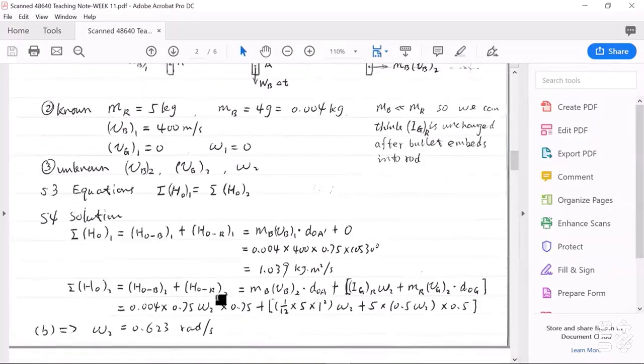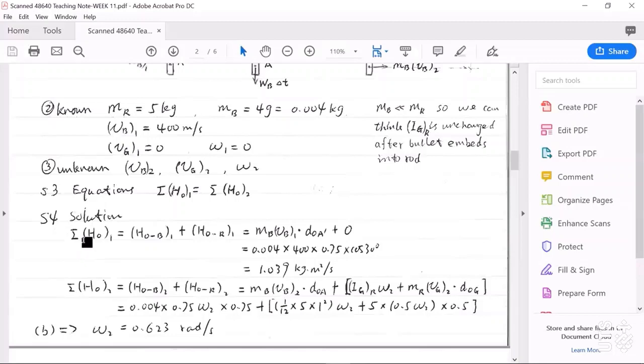Okay, finally, only one unknown parameter, omega 2. Omega 2 can be worked out because of conservation of angular momentum.